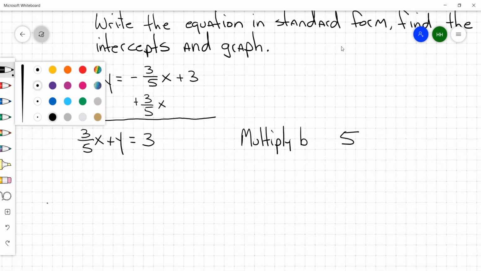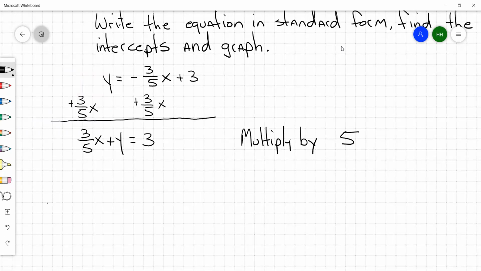So go ahead and multiply everything by 5 now. So we got 5 times your 3/5 x plus 5 times your y equals 5 times the 3.